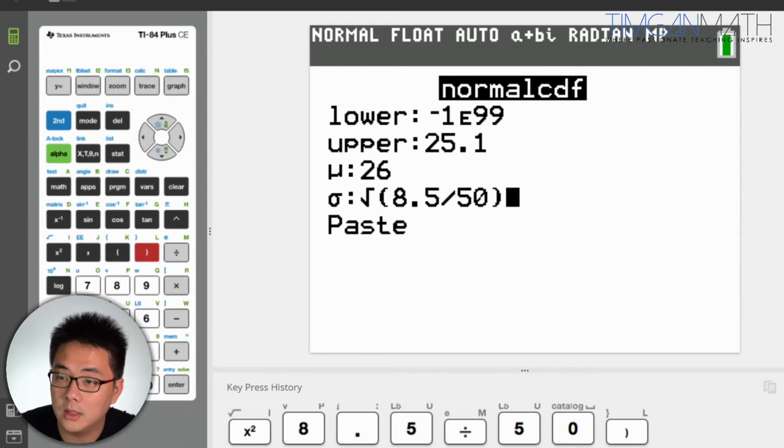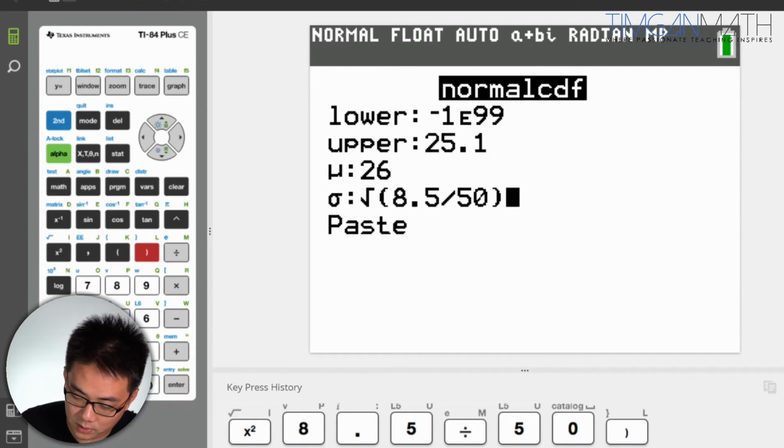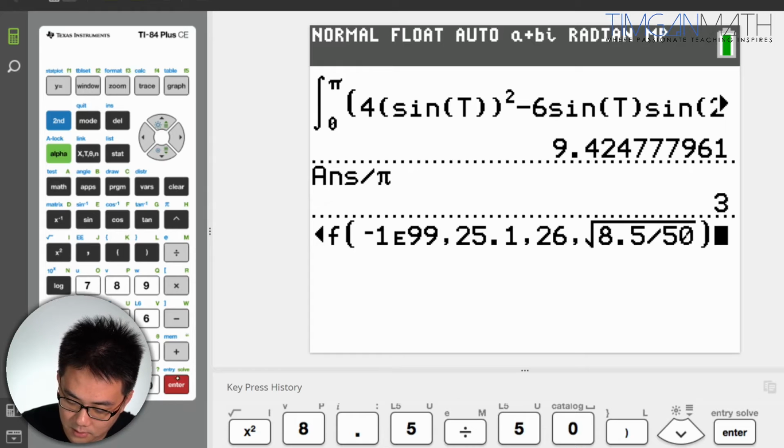Then we just paste this and press enter.